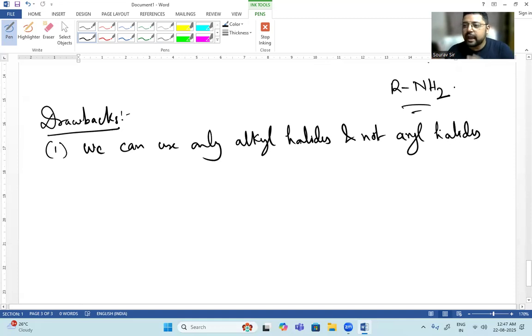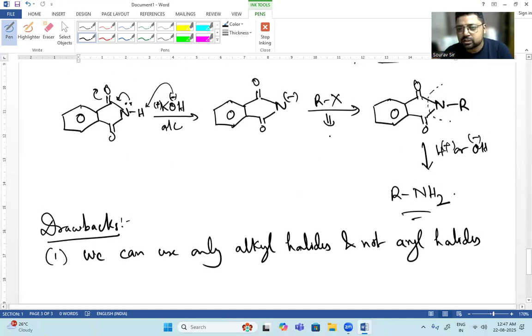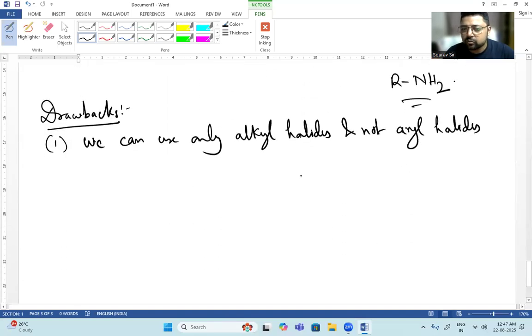That means aromatic amines cannot be prepared by this method, because aryl halides are not susceptible to any SN2 or SN1 reaction. It will not undergo any substitution reaction. Mainly SN2 reaction. So aryl halides do not undergo SN2 reaction. So we can use only alkyl halides.